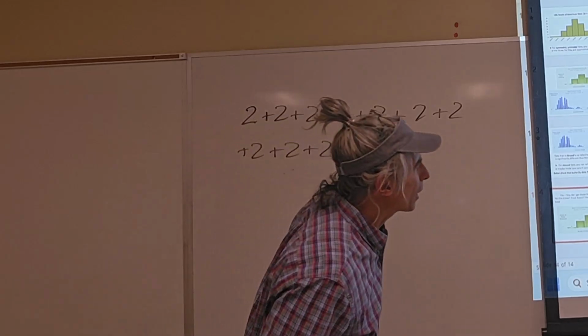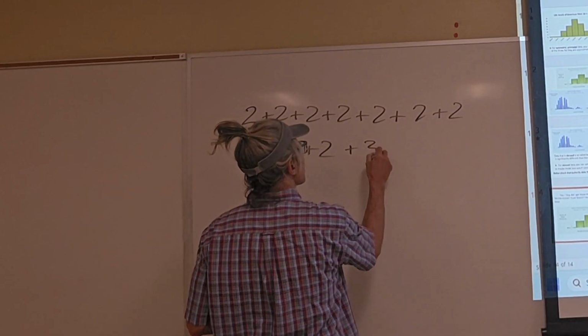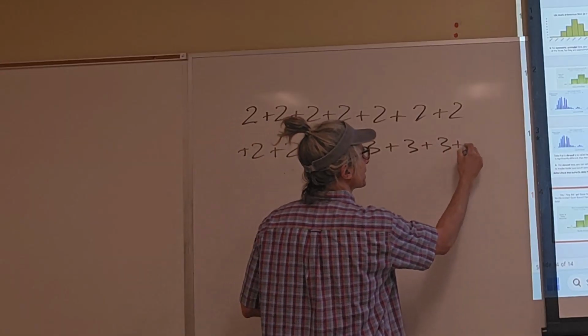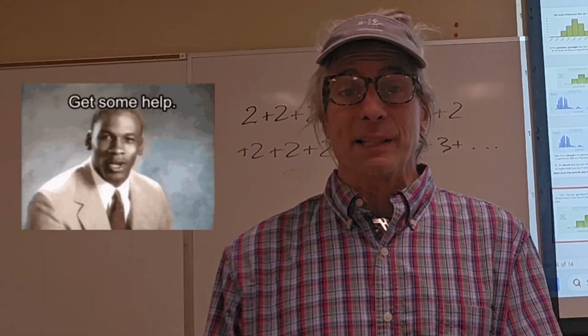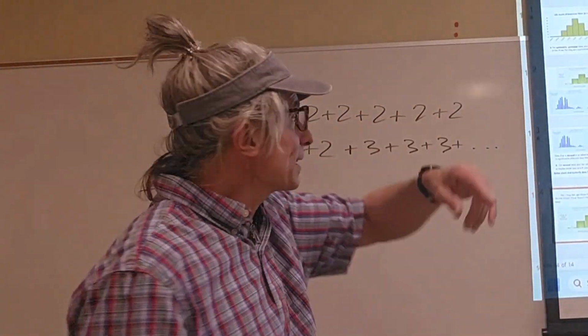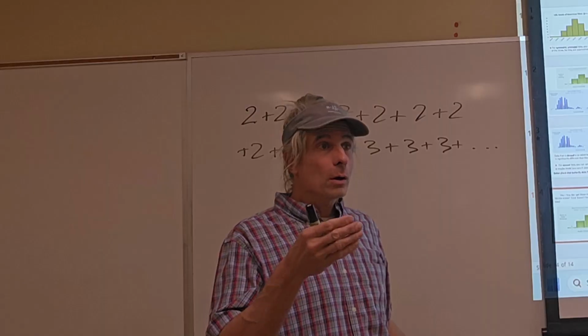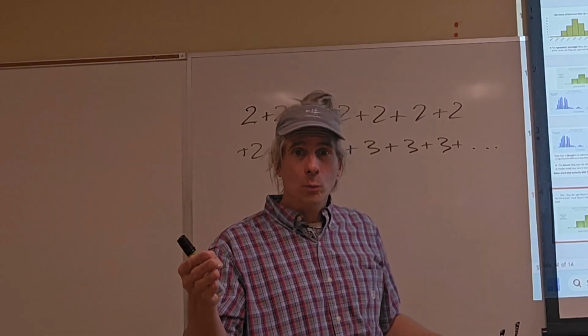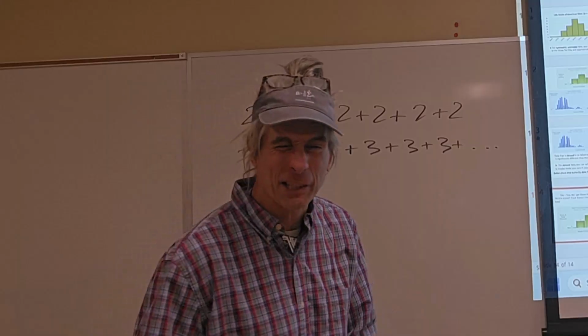And then there are 111 threes? So I go plus 3, plus 3, plus, and hopefully at this point you're going, Sean, stop, please stop with that ridiculous stuff. Because if you've got 10 twos, why go 2 plus 2 plus 2 plus 2 plus 2 when you could just go 2 times 10? Because that's why we invented multiplication in the first place.